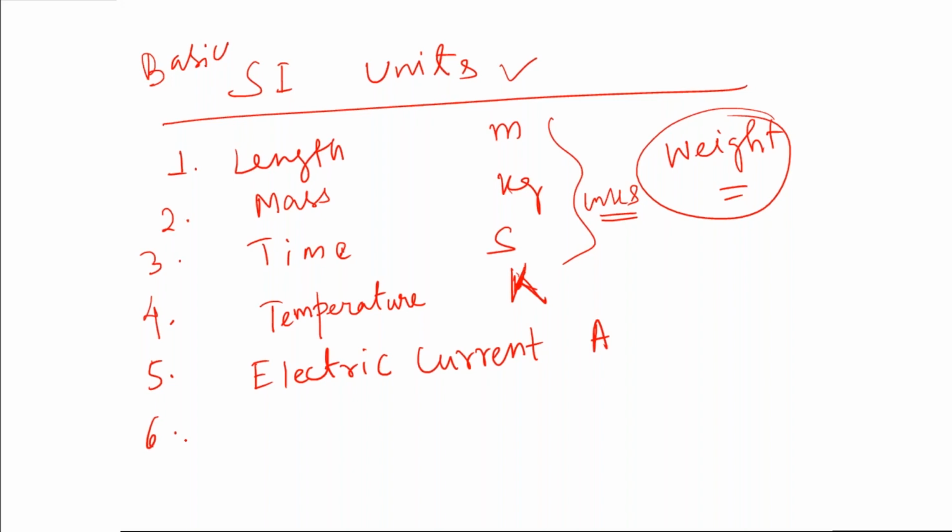Luminous intensity has the unit candela, written as small c and small d.